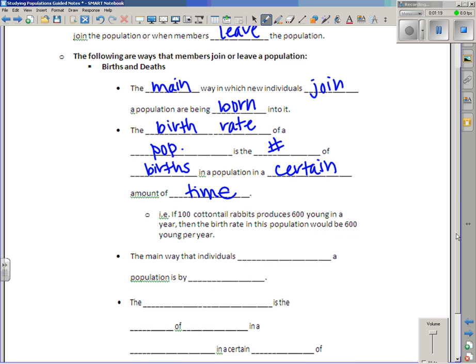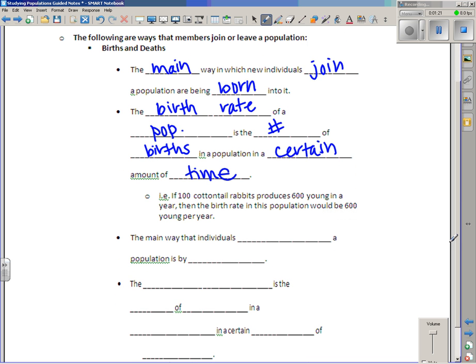Okay, so if you have 100 cottontail rabbits, they produce 600 young in a year, then the birth rate of the population would be 600 young per year. So the number of births, 600, the amount of time per year. That's the birth rate.